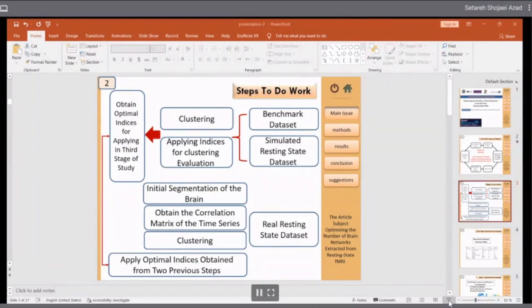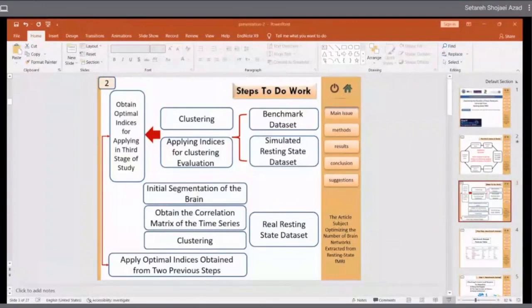So I talked about the first two steps of our work. We chose optimal indices in these two steps, and then we use them to evaluate the clustering of real resting state data sets, and finally the results of these functions are displayed in tables and on relevant diagrams.